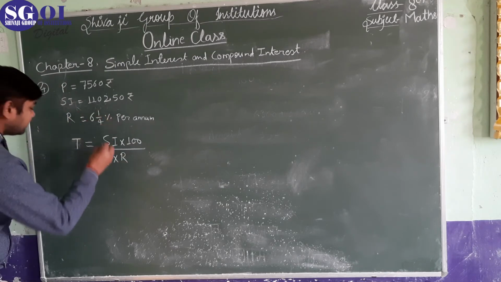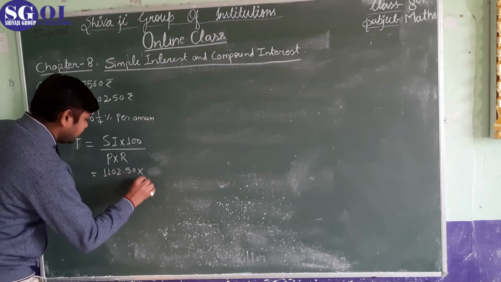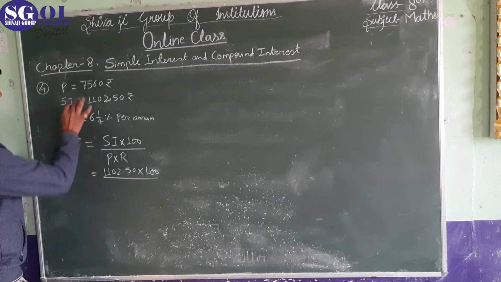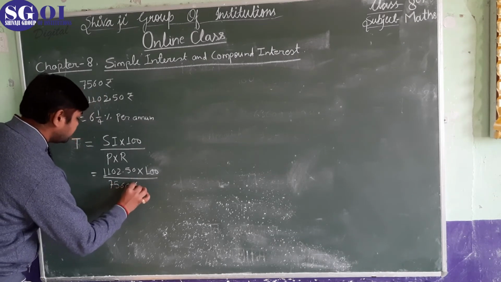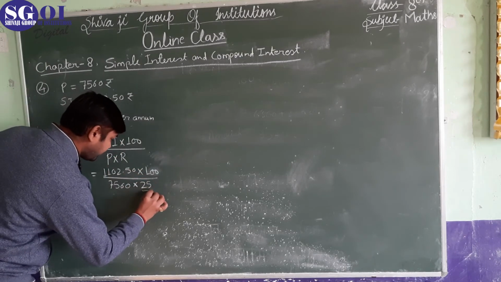Okay, what is this? 1102.50 into 100 upon principal amount 7560 into 25 upon 4.